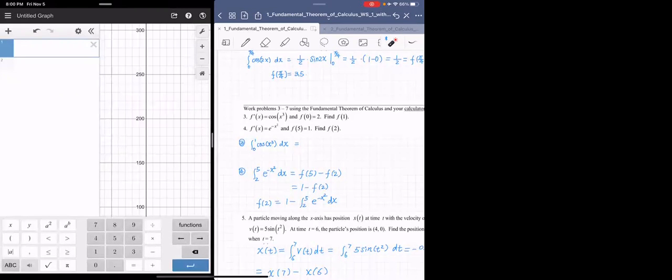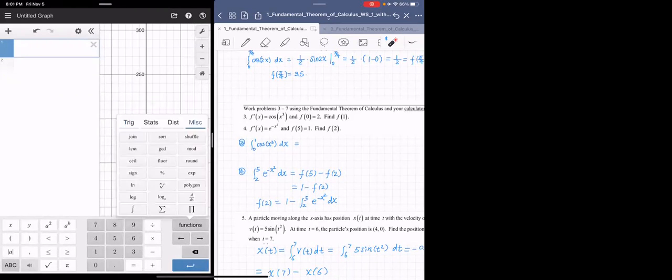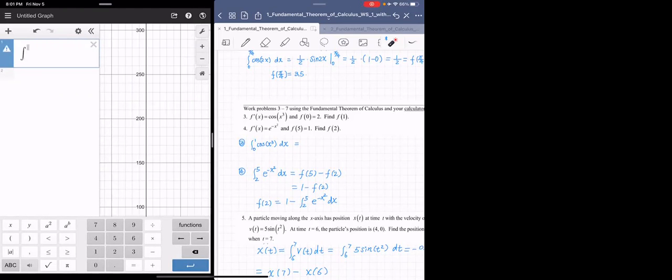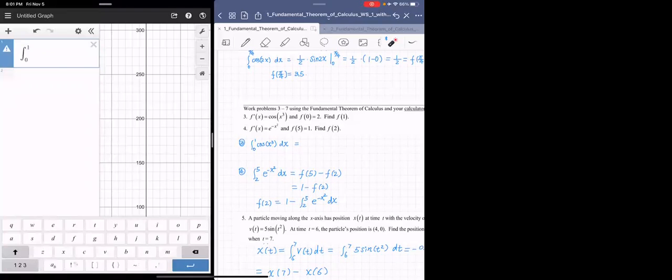And you type in here. You choose miscellaneous and click this integral. And you put lower limit as 0, upper limit as 1. Okay, and then you do a dx first. Everybody, please type this into your calculator if you use the decimals.